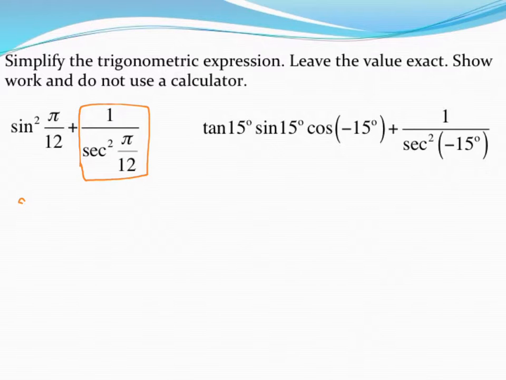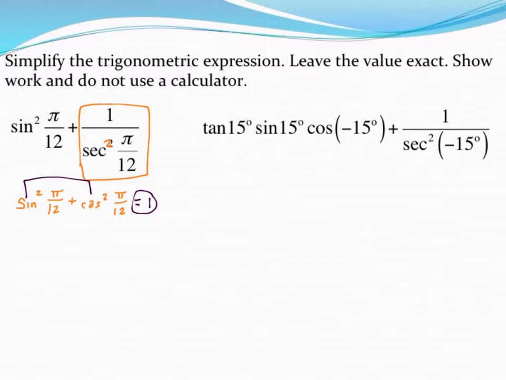So maybe I'll rewrite this problem as sine squared of pi over 12 plus the cosine squared of pi over 12, since that is the reciprocal of secant, and if it's squared, then cosine will be squared. Now I see that I do have one of my identities. Since I've got sine squared plus cosine squared, that identity says this is equal to just 1. So even though it looks like an awful problem, it just simplifies down to 1.